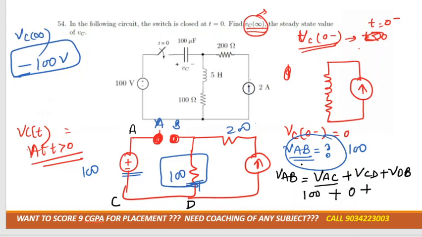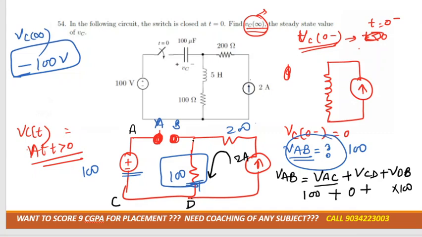Now, how can we get the voltage across DB? V is equal to IR. Very good. So R is how much? 100. And current is how much? 2 ampere. But see, it is flowing in the opposite direction. Yes or no?